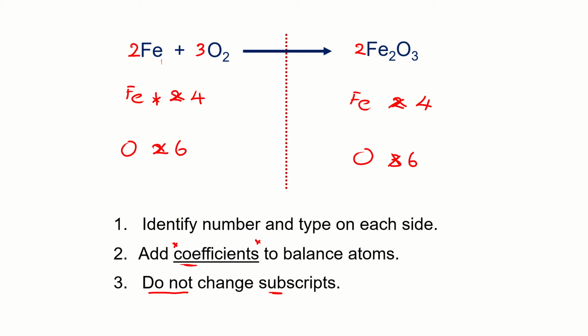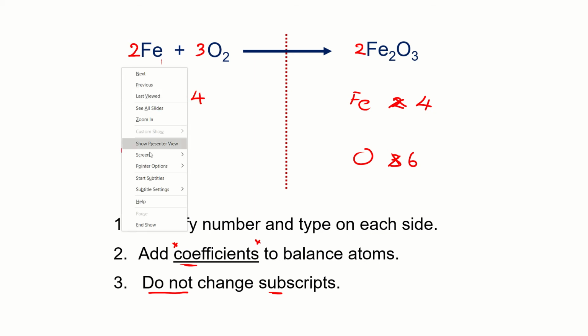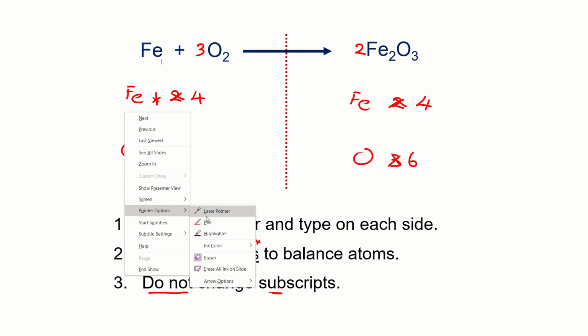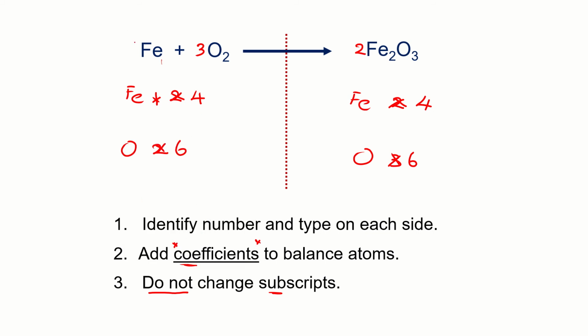That means you have to get rid of these 2 and put the coefficient 4. Now you have all the numbers balanced. You have 4 iron on reactant, 4 iron on product. You have 6 oxygen on reactant and 6 oxygens on product. Now this equation is balanced.